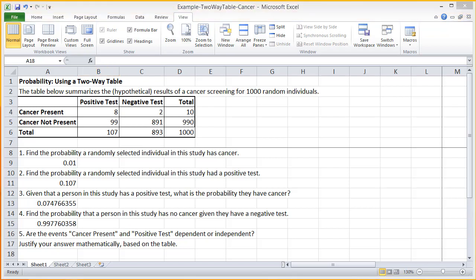Question 5 says, are the events cancer present and positive test dependent or independent? So we need to remember what the definition of independence is, and I want us to use the mathematical probability-based definition.